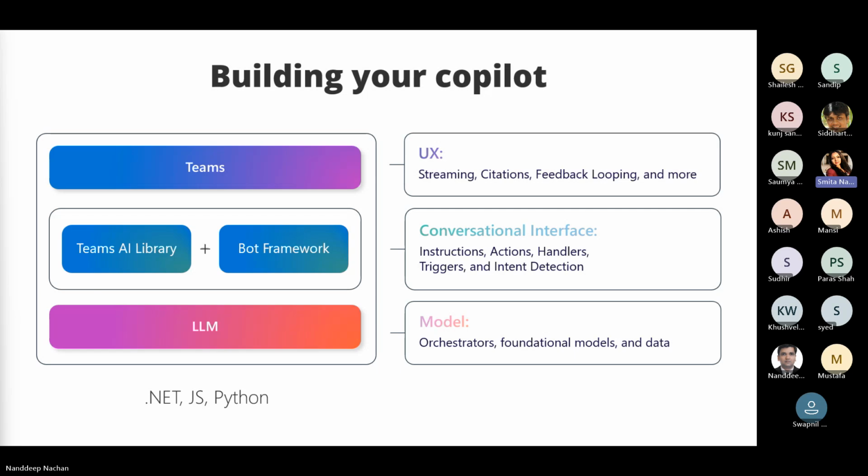Then the LLM adds the intelligence with natural language capabilities. Then the UX, conversational interface, and model layers provide the essential functionalities that make the copilot intuitive, responsive, and able to improve over time.